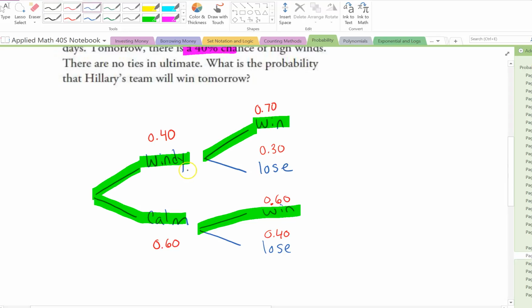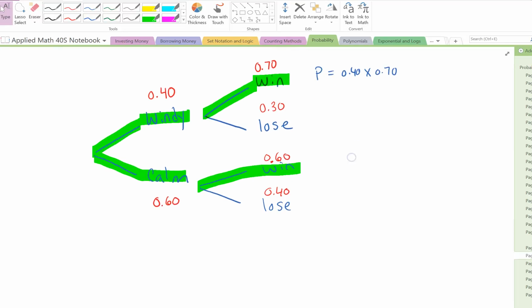So to get a windy day and win, the probability would be 0.4 times 0.70. And the probability of winning on a calm day would be 0.60 times 0.60.